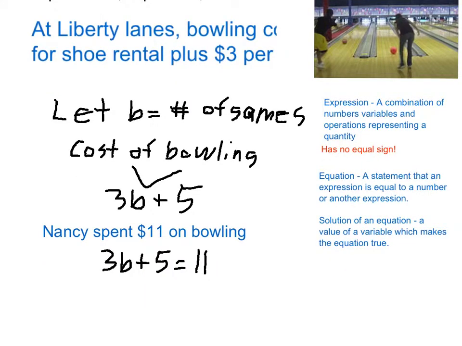We see that 1 doesn't work because 3 times 1 is 3 plus 5 is 8. But if we plug in 2, we get 3 times 2 plus 5, which is 6 plus 5, which is equal to 11.